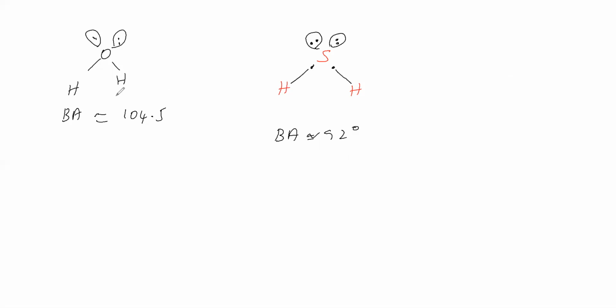In both water and H2S, the surrounding atoms are hydrogen. Here the central atom is oxygen, here the central atom is sulfur. Oxygen and sulfur come under the same group, the oxygen family, 6A group. So oxygen is having two lone pairs, sulfur is also having two lone pairs. But if you see, the bond angle of water is high, the bond angle of H2S is low.